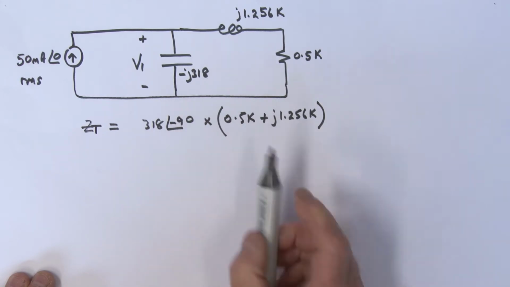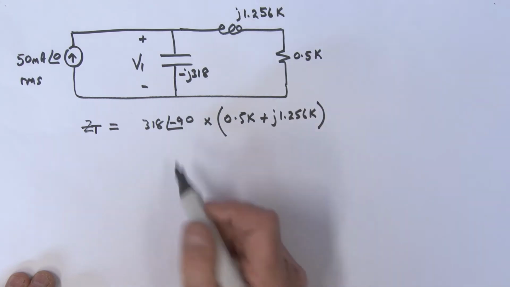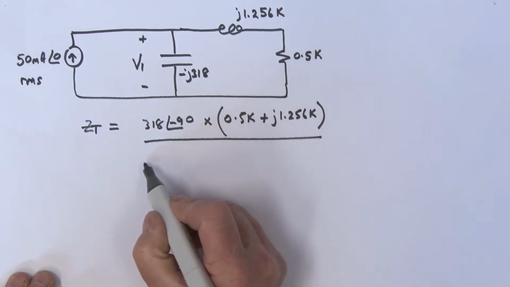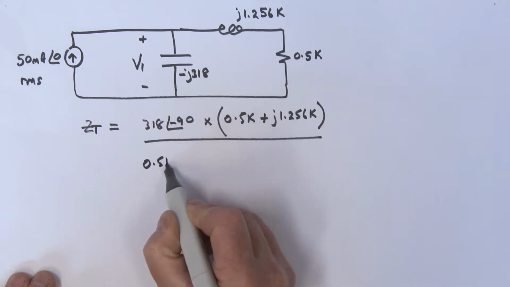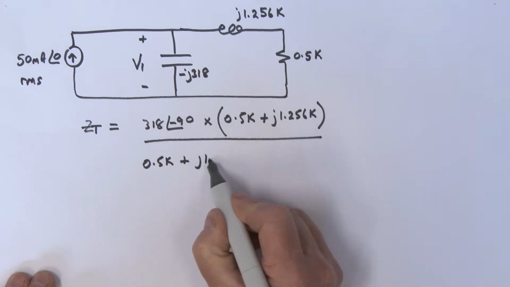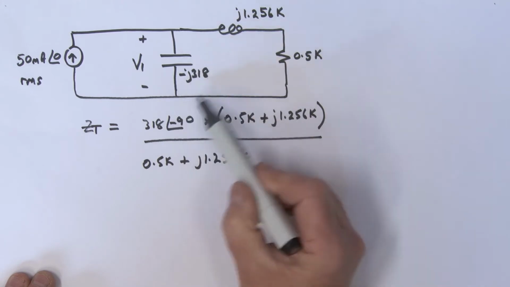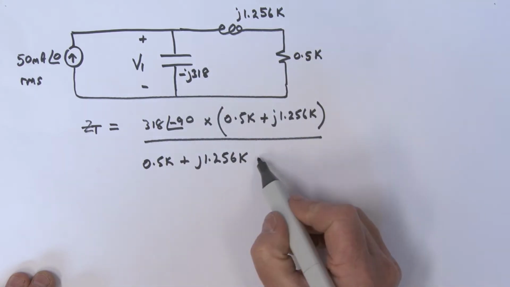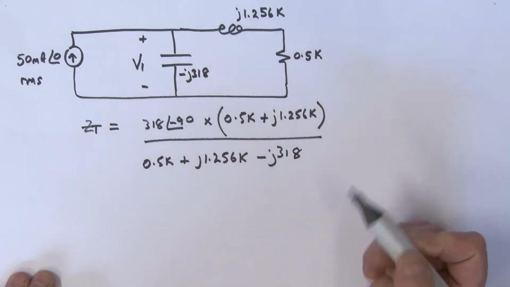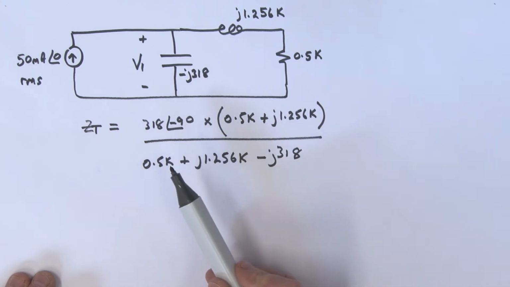That needs to be divided by the sum of this plus this, so we'll say 0.5k plus j1.256k, and then plus this bit over here, which is minus j318.